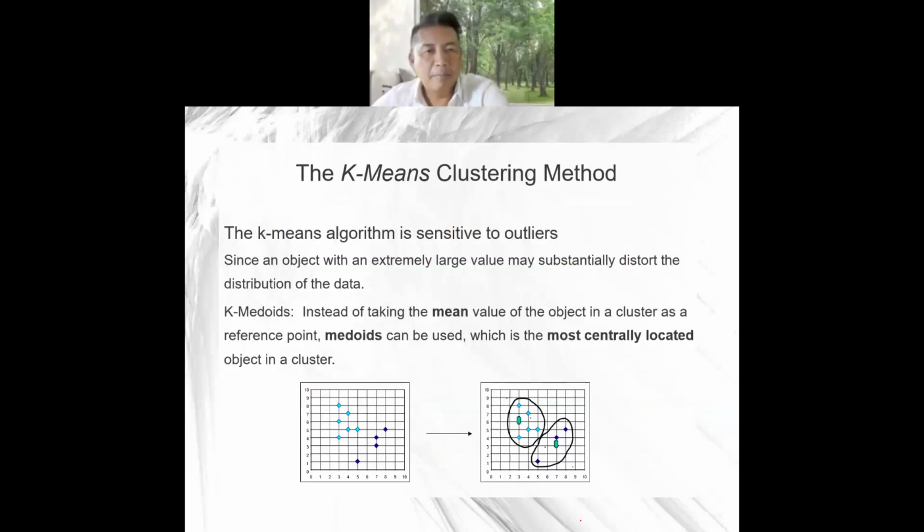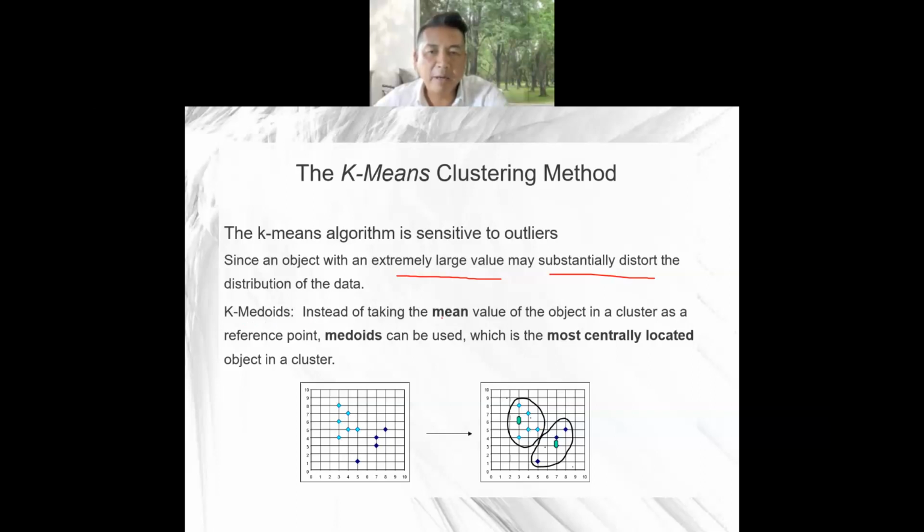The problem with K-means clustering is that we need to specify the value of K, and also it is very sensitive to outliers, since an object with an extremely large value may divert the center of the cluster. To solve this, we look at medoids.